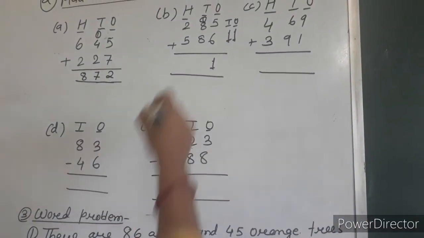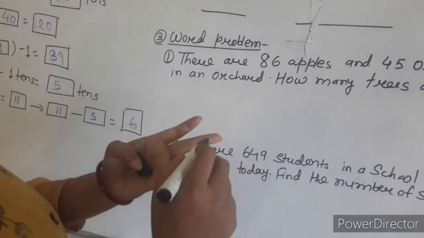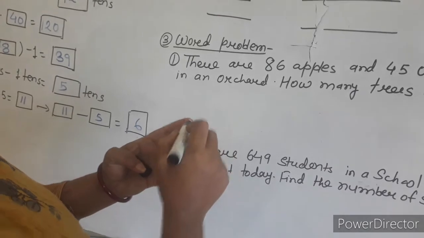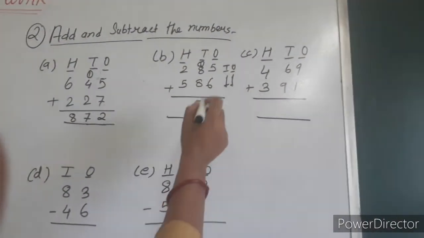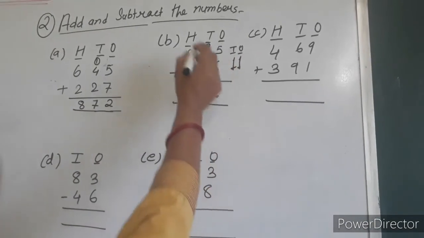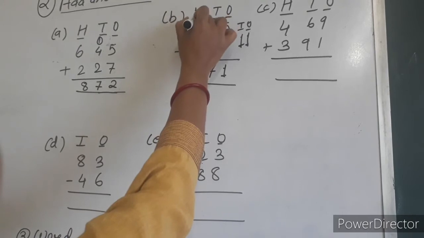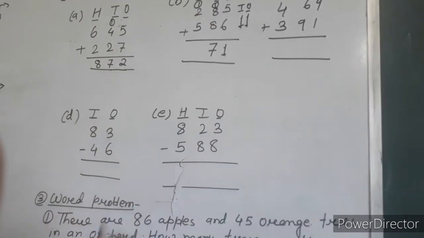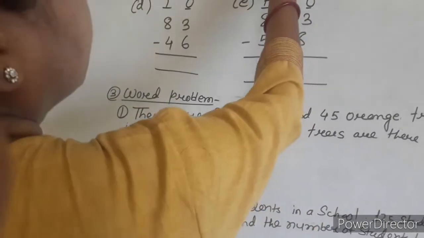Now we can add 8 plus 8, 8, 9, 10, 11, 12, 13, 14, 15, 16 plus 1 is 17. Again 17, 1 will come here this side. Then 5 plus 2, 5, 6, 7 plus 1 is 8. 8.